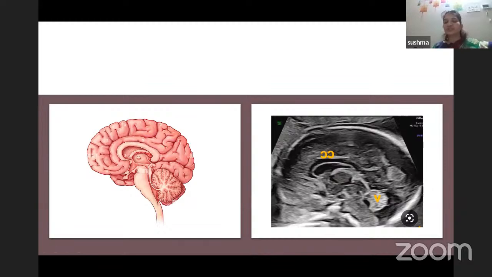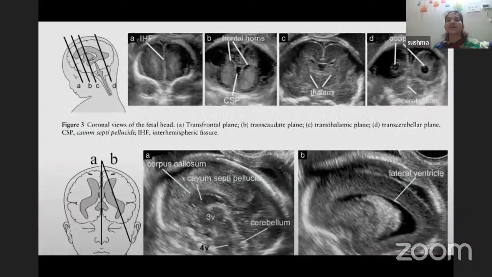Now moving on to further planes, these are the planes of extended neurosonogram described in his work, but I don't want to go into these planes in detail. In brief, these are the 4 coronal sections that we can take on the fetus. This is the frontmost or anteriormost section, this is the second section, the third section passes through the thalamus, and the fourth section passes through the cerebellum.